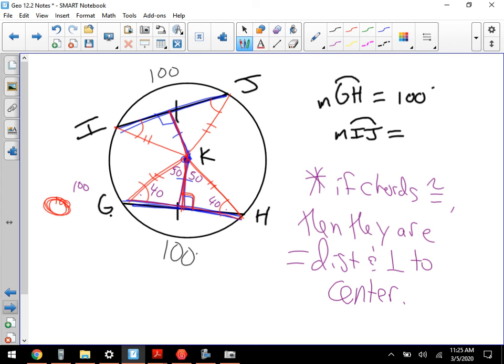Okay. It's a lot of words for something that shows up really easy to see within a diagram. If chords are congruent inside of a circle, they have to be equidistant and perpendicular to the radius. Or not the radius, excuse me, the center. Okay. Not bad?